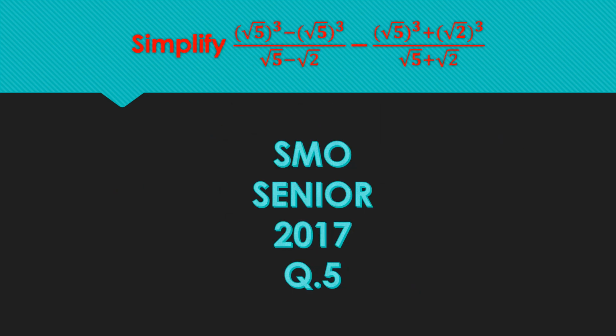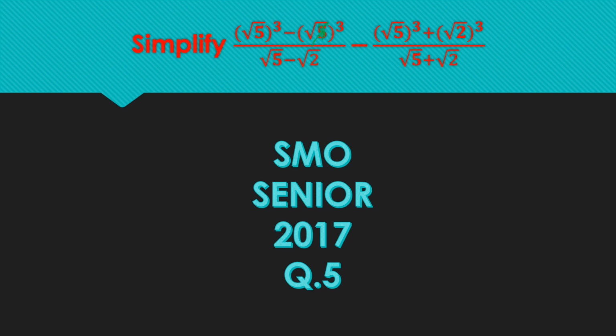Now this is from a similar question. This is SMO Senior Round 2017 question 5. Just pause this video and take some time to solve this question on the top. Simplify root 5 to the power of 3 minus root, oh excuse me, I apologize.